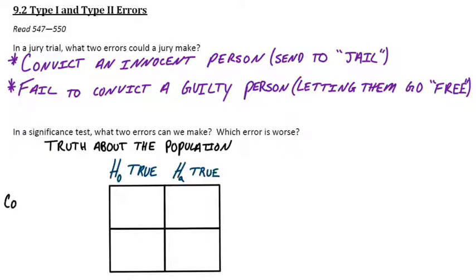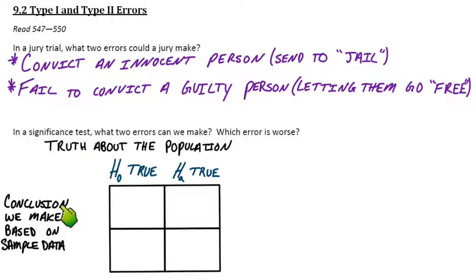And for the rows here, we're going to give both possible conclusions that we can make. So this is going to be our conclusion based on whatever sample data we have as statisticians. And if you remember from the previous notes, there's only two conclusions we can make.